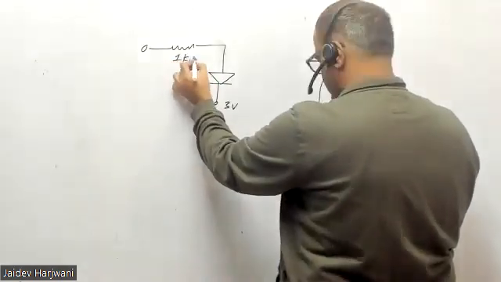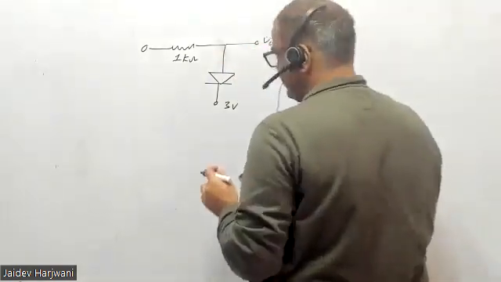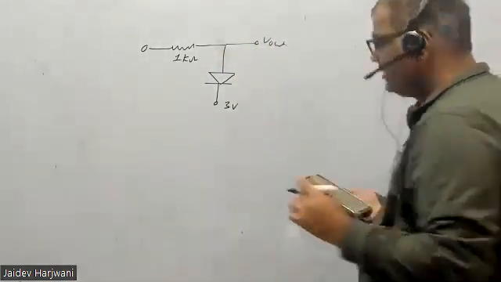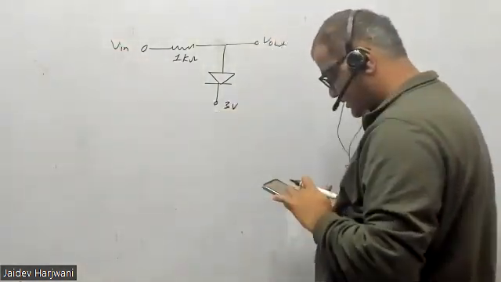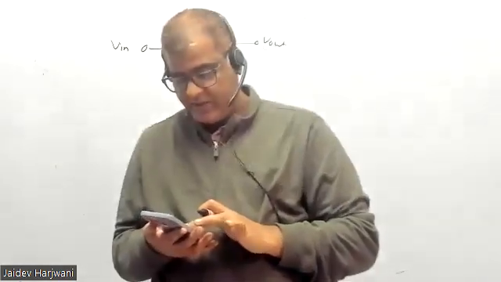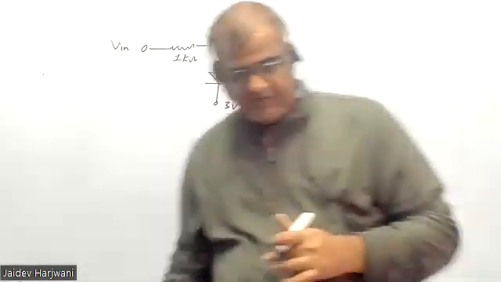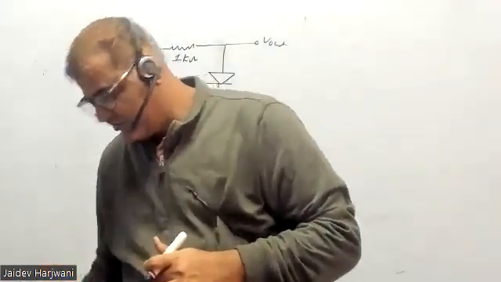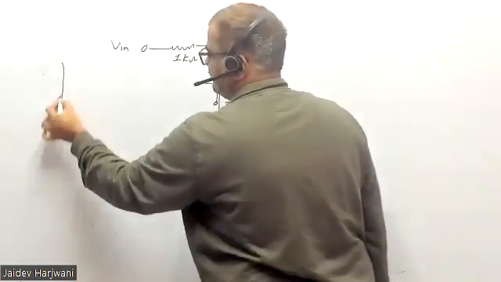This is 1 kilo ohm. And this is your V out. And here I'm applying some V input, let us say a sine wave. A sine wave is applied at the input, and you want to measure some output waveform.